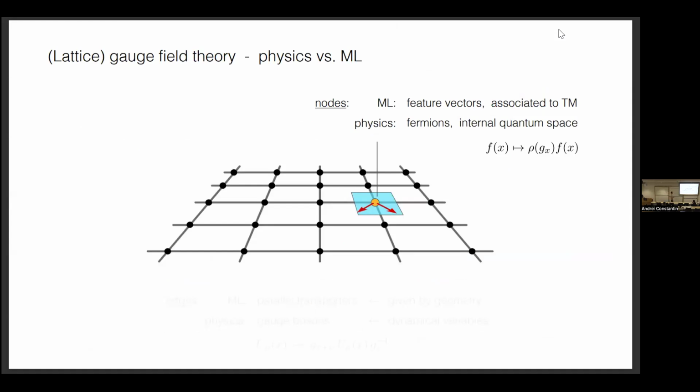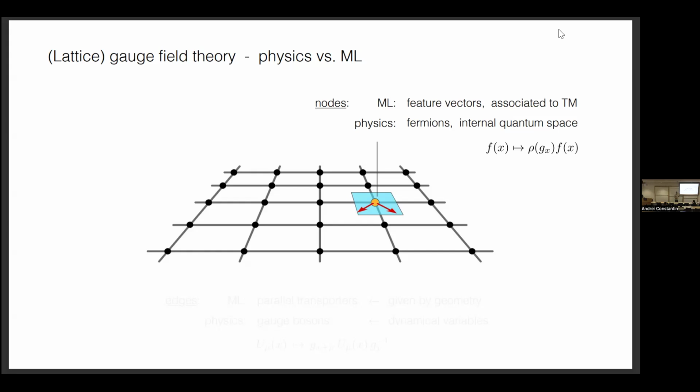make a connection to lattice gauge field theory. Basically what you have in our case is that at each node of the lattice you would have a feature vector, while in lattice gauge theory you would have something like a fermion at each lattice vertex.